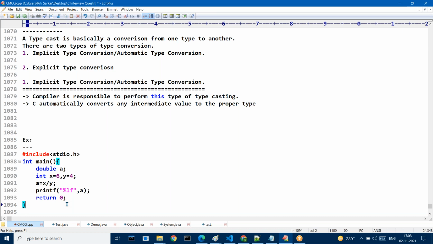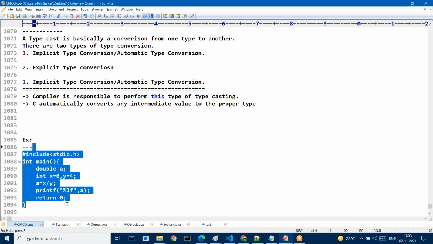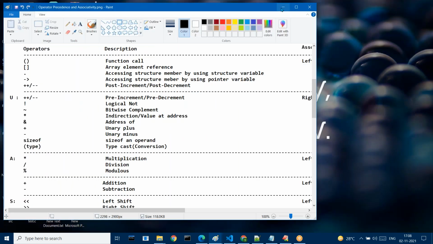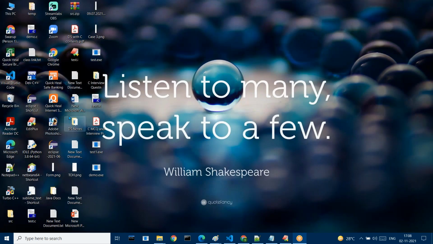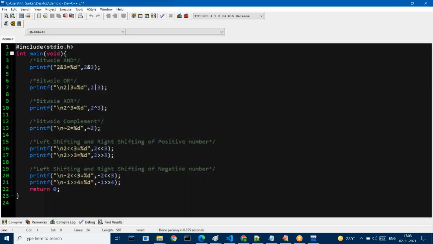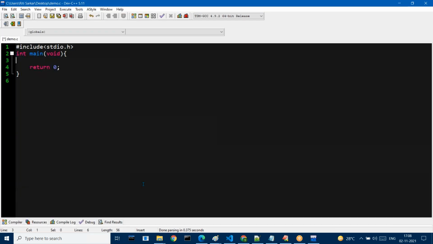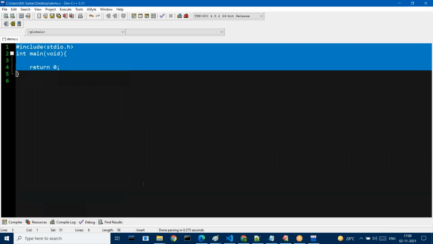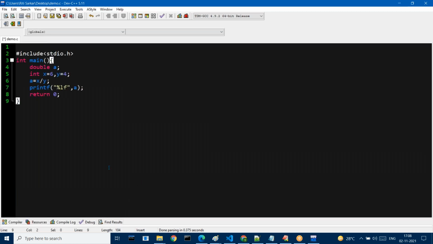Now in this case, what will be the output that will be coming, sir? What output will come? Observe here. This is my coding here, sir.